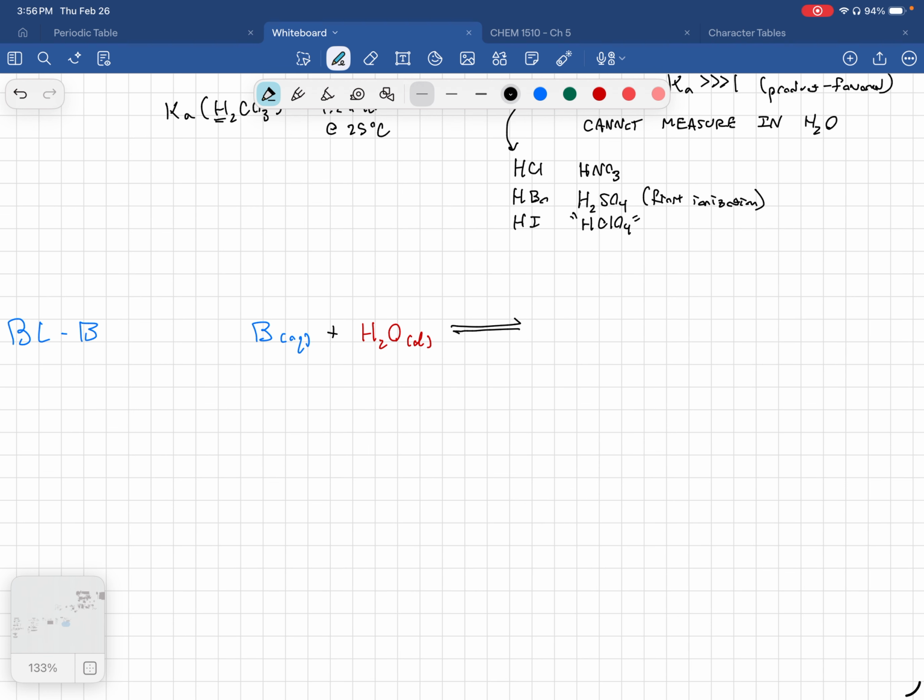Strong bases tend to be things that do not typically want to lose a proton, and therefore, if you find a way with great effort to remove a proton from this thing, then what's left over is a very, very strong conjugate acid that will be very product favored.